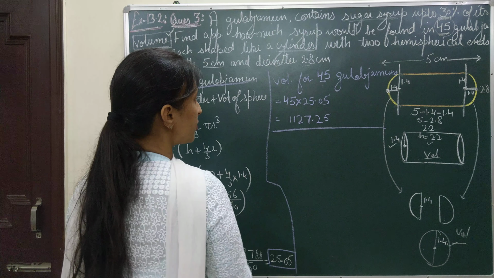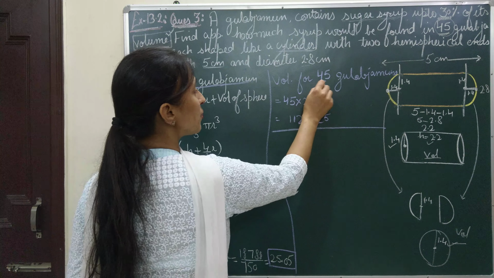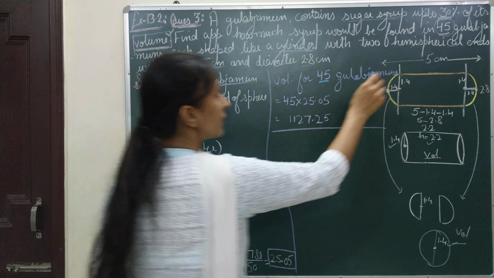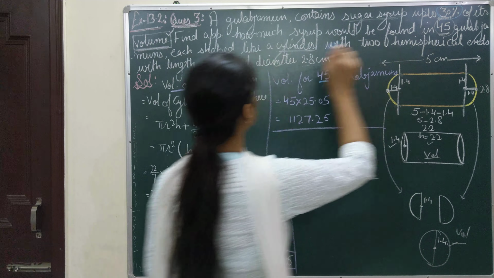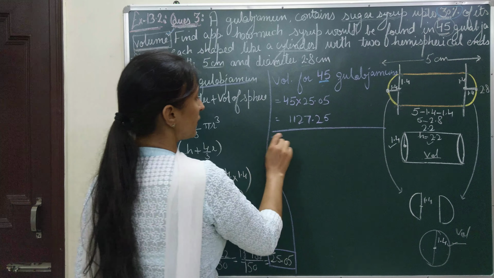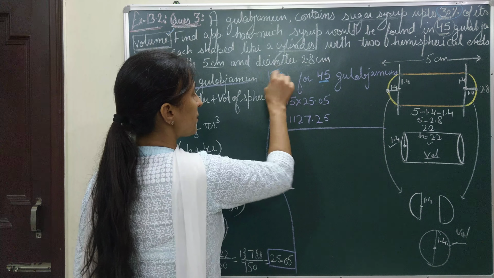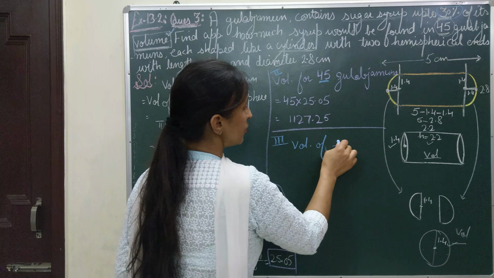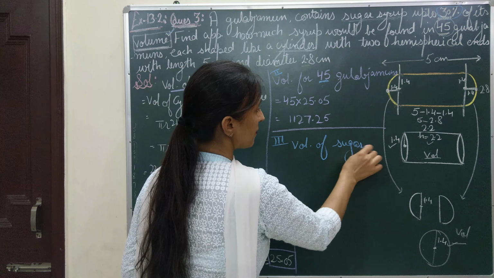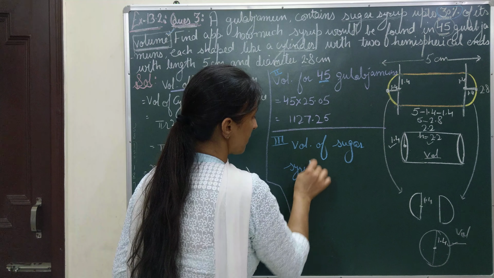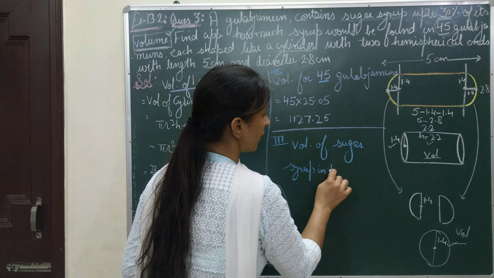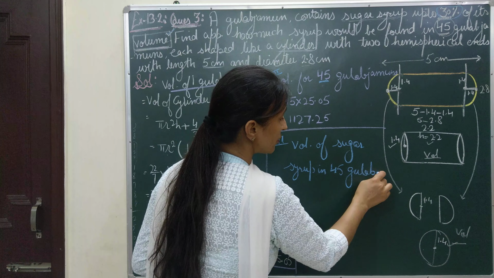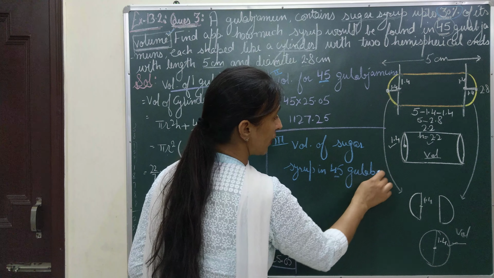Now I have got how much is the volume for 45 gulab jamuns. Now my next question is how much is the sugar syrup in 45 gulab jamuns. We are given 30% of the total volume. So third part of the question, volume of sugar syrup in 45 gulab jamuns. You are asked how much sugar syrup is there in 45 gulab jamuns.